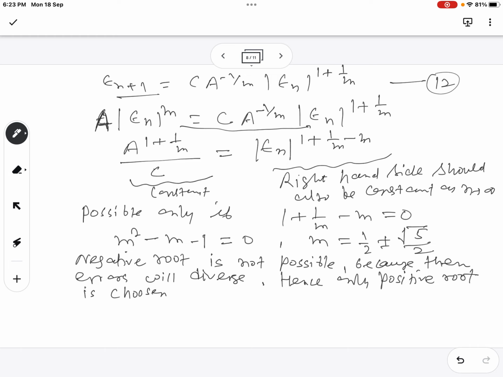And if I solve this, I get m approximately equal to 1.62.